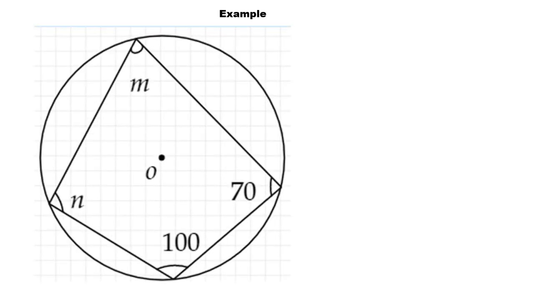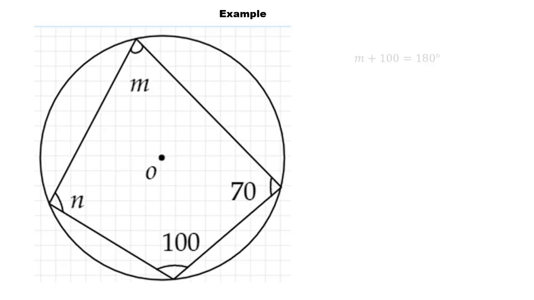Let us now do the example, which is related to this theorem. We are given this shape, which is a cyclic quadrilateral, and we are required to calculate angle M and angle N. So in this case, we simply apply this theorem, knowing that the opposite angles in a cyclic quadrilateral add up to 180 degrees.